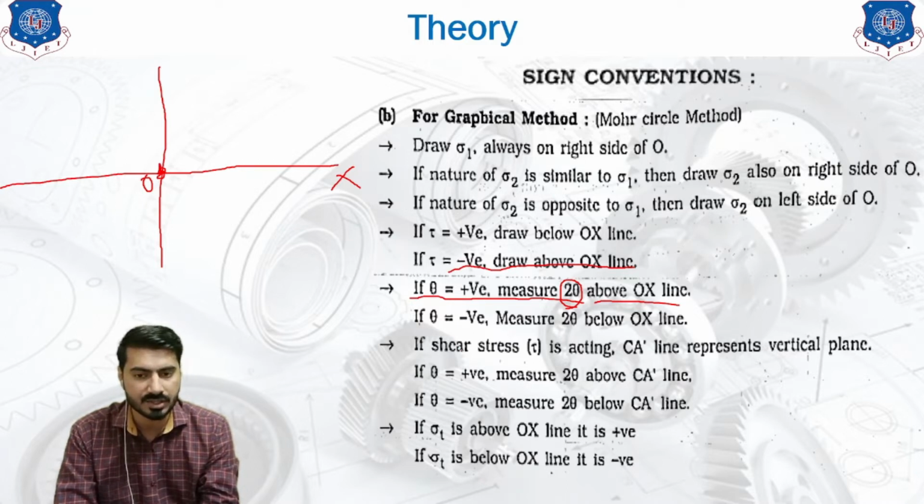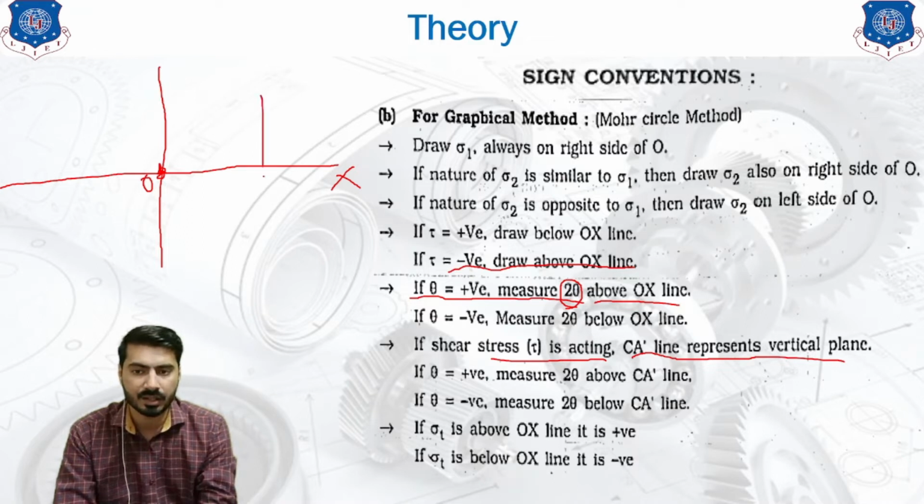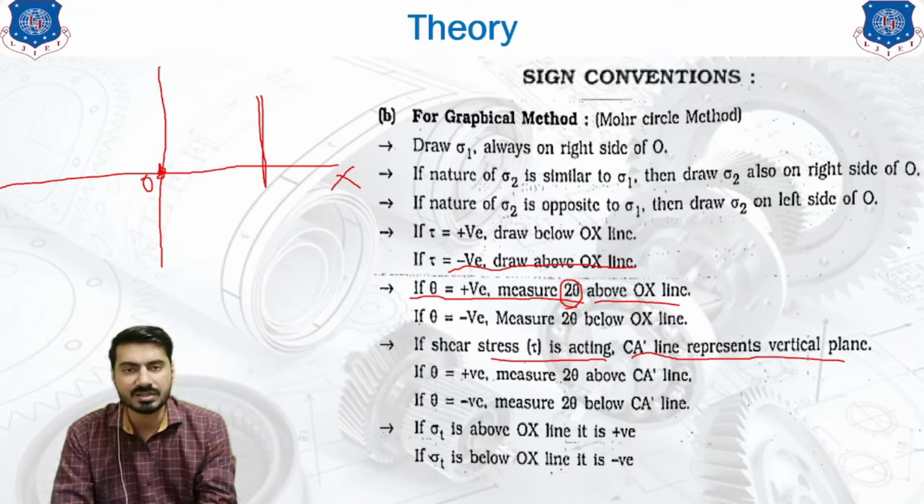Now, if we are externally applying a shear stress, the CA dash line represents the vertical plane. The CA dash line would be over here somewhere like this. So this CA dash line represents the plane which is indicating the shear stress.